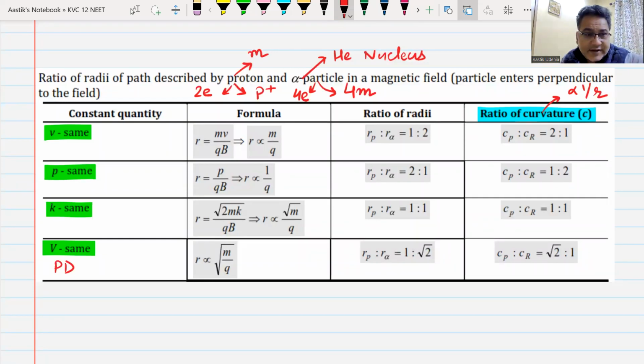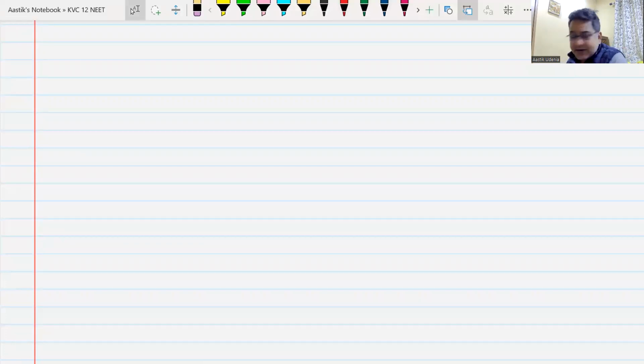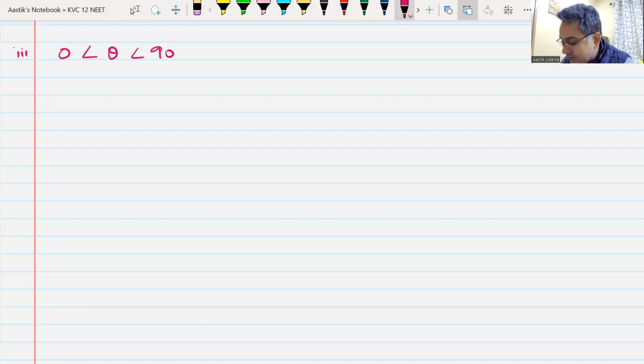This is the case that happens when the velocity of the charged body is perpendicular to the magnetic field, and we will do some questions also on this. Let us now discuss the third case, case number 3, theta: 0 is less than theta is less than 90 degrees.